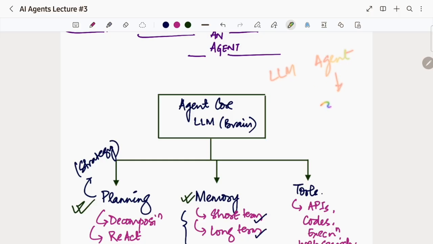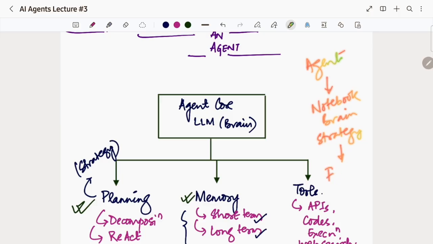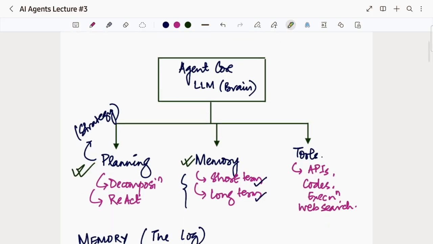That the agent will have the notebook, of course the brain. I need strategy, and not just strategy, I need execution of that strategy. Simply by giving, this is what I need to do, if I stop there, will I be able to be successful? No, right? I have to execute my plans. So this is how an AI agent is different from an LLM.